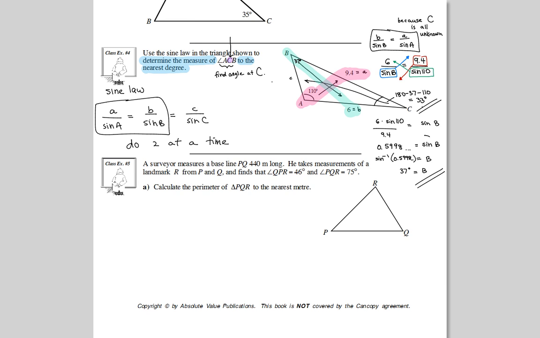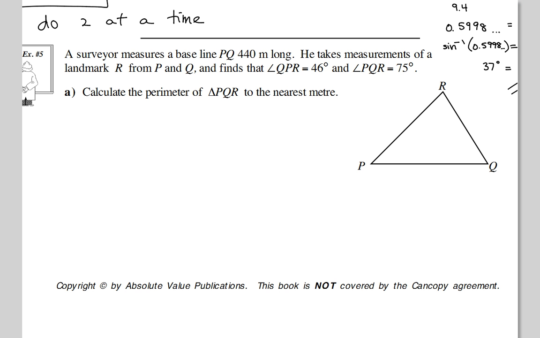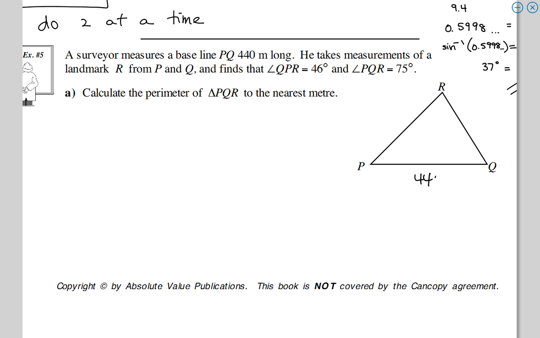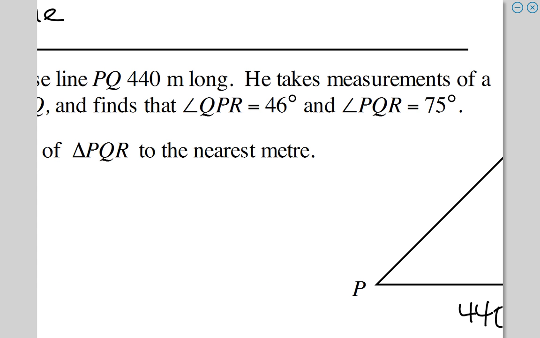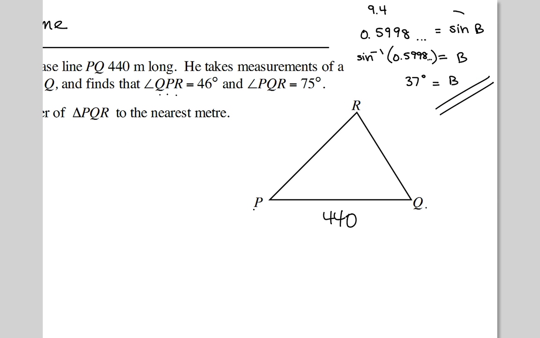Let's try down below. A surveyor measuring a baseline PQ. That's straightforward, right? With the notation, you guys okay with PQ? Line segment PQ. And measurements of a landmark. Okay, this is important. Where is QPR?